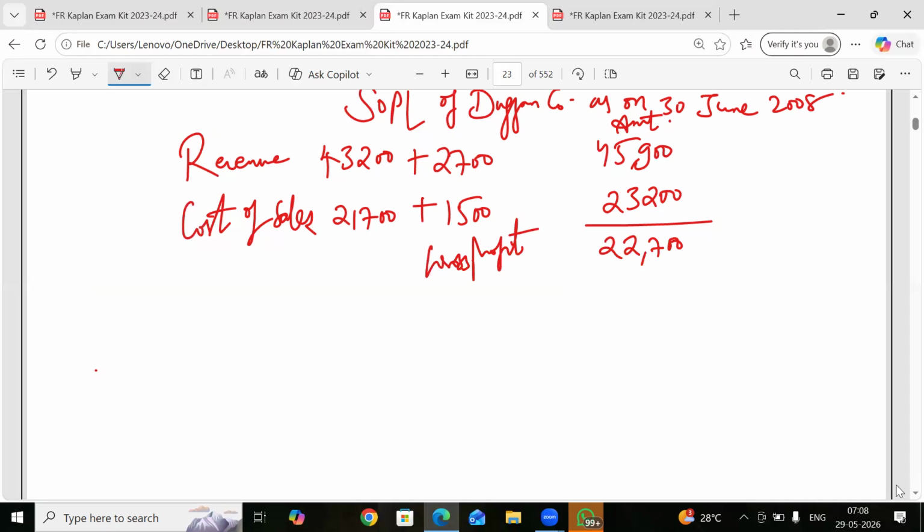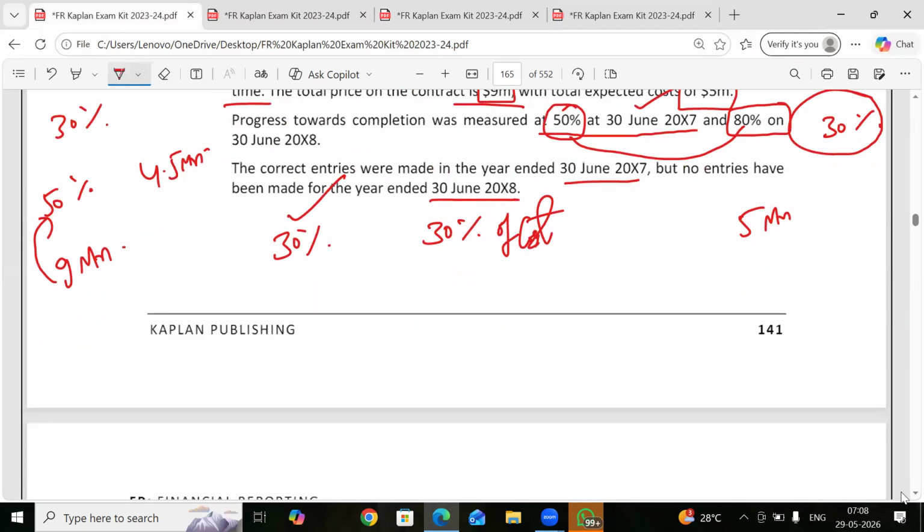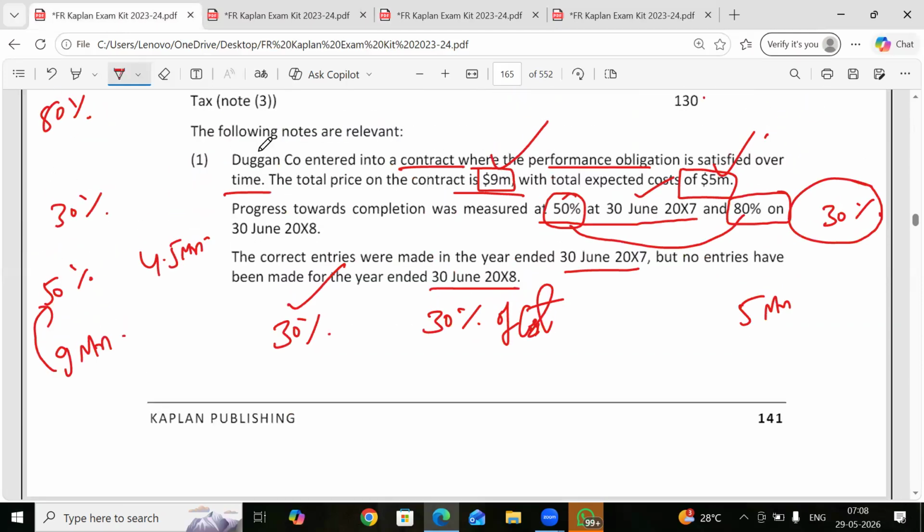Till here, everything is okay. So we will move forward. First adjustment totally done.